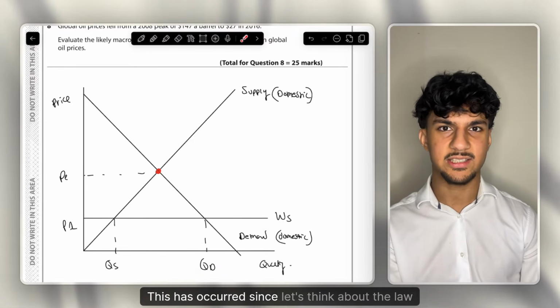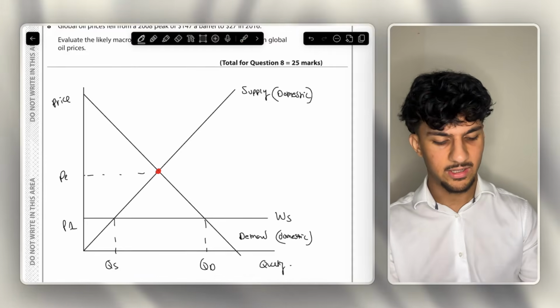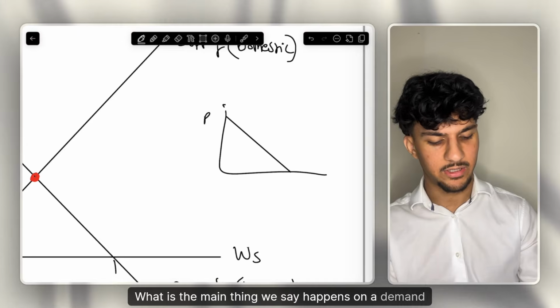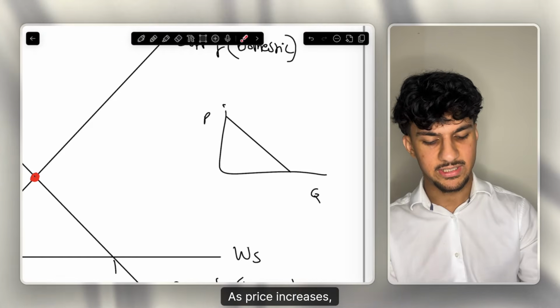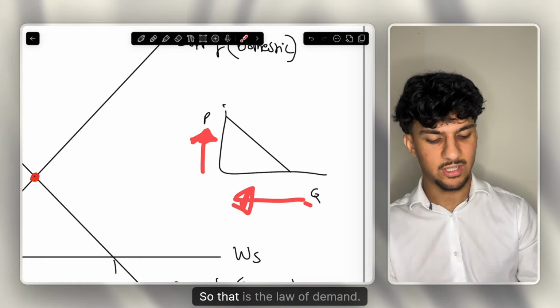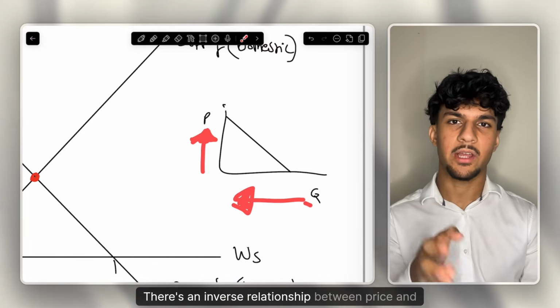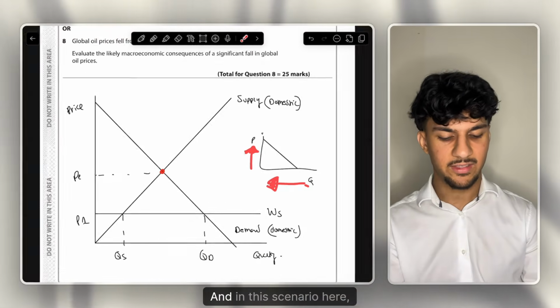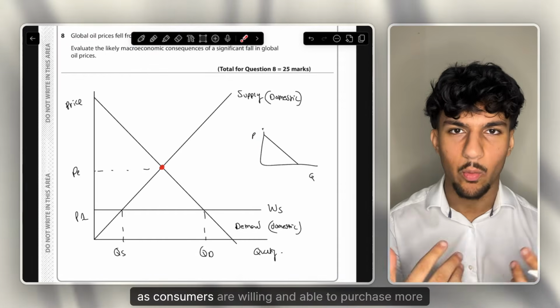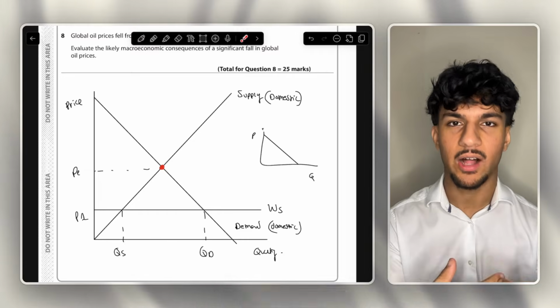Let's think about the law of demand. If you just simply look at a demand curve, what is the main thing we say happens on a demand curve? As price increases, what happens to quantity demanded? Quantity demanded falls. So that is the law of demand. There's an inverse relationship between price and quantity demanded. And in this scenario here, the price has decreased massively, so consumers are willing and able to purchase more at these lower prices.